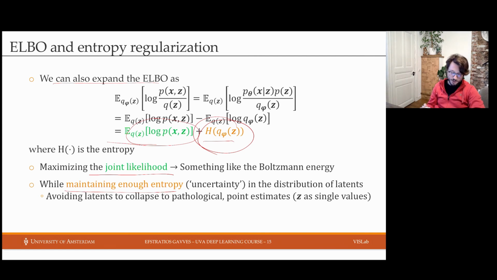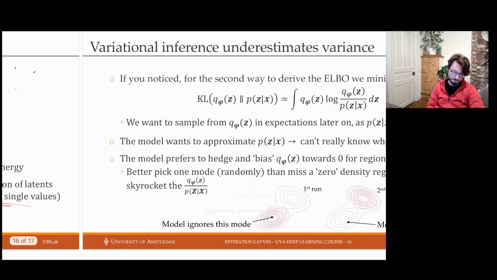We want that because otherwise we might obtain pathological point estimates for z. So we want to make sure that the importance sampling function that I'm learning for z is not going to focus only on a few points where I'm going to get high values. We rather get a distribution over all z's.